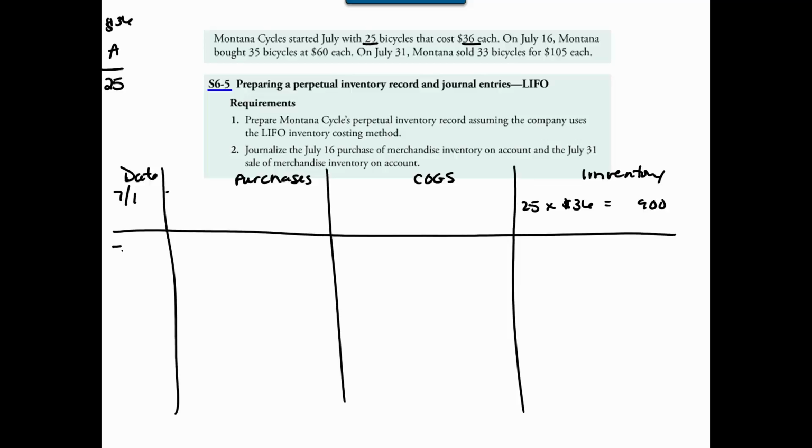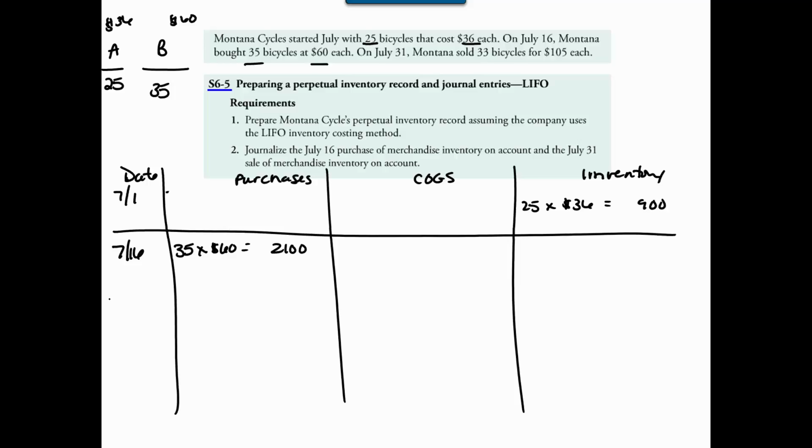Then on the 16th I make a purchase, and I purchased 35 bikes at $60 each, so 35 times $60 each is $2,100. New purchase, so I put those on a new shelf. These are things that cost me $60, and I have 35 of those.